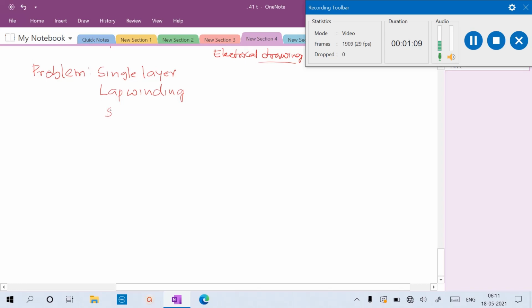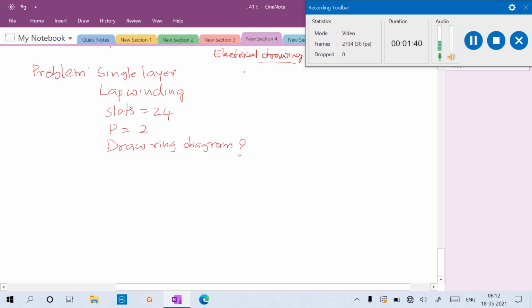So slots is given, 24 slots, and a two-pole machine, P is equal to 2. Draw the ring diagram. This is the question.